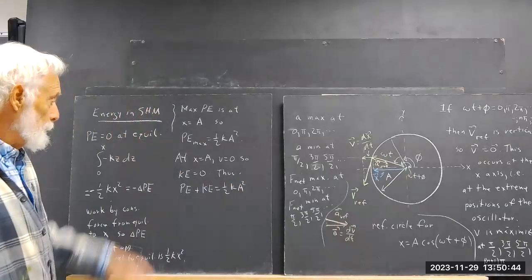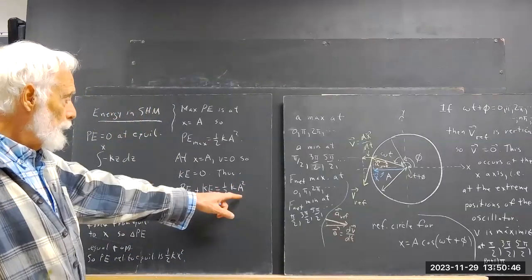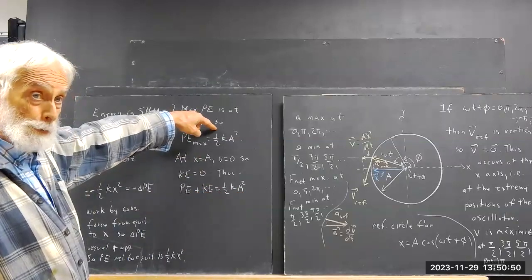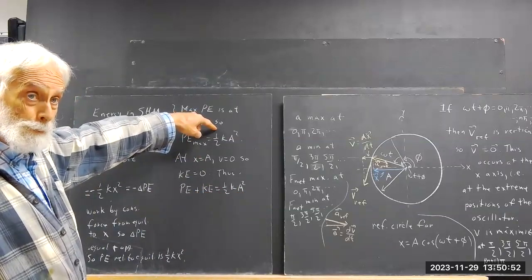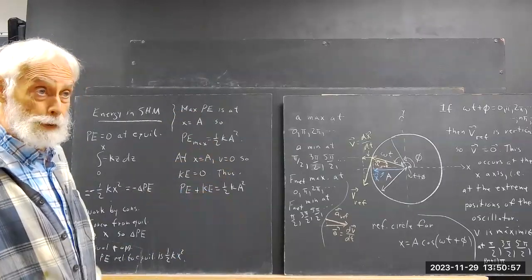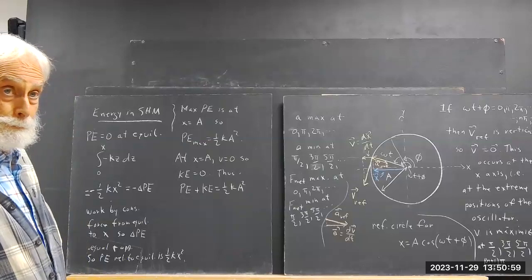So the sum of potential and kinetic energies is 1/2 KA squared, not just at the maximum position, but at every position, because the only force is conservative. You have no loss of energy. Okay.